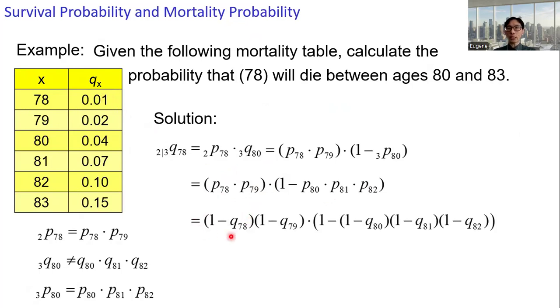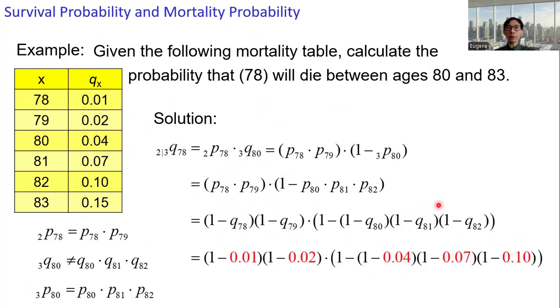And then we get the following expression. p78 equals 1 minus q78, and p79 equals 1 minus q79, etc. We get all the q's: q78, 0.01, q79, 0.02. Upon calculation, we get the answer 0.1984. This is the probability that a person at age 78 will die between ages 80 and 83.